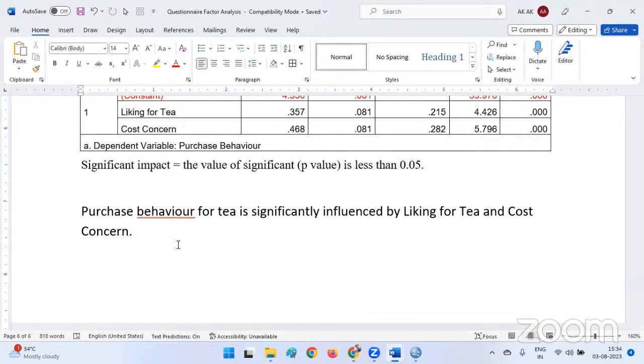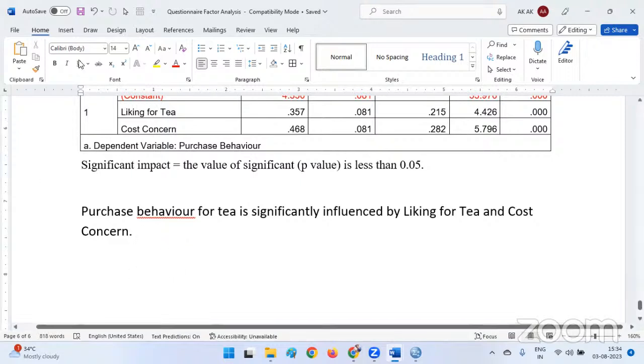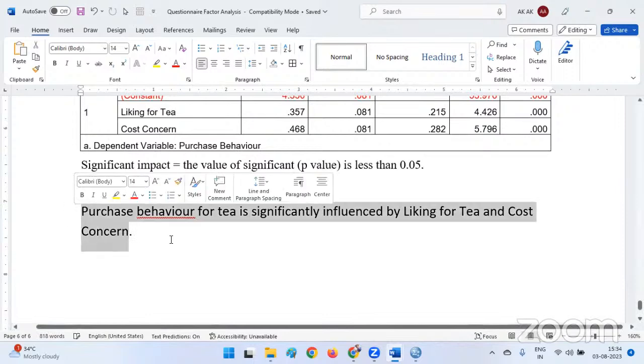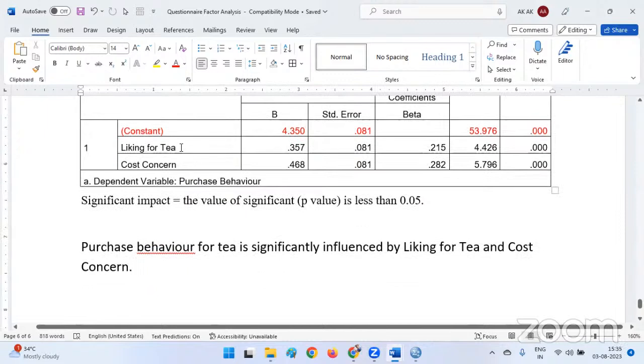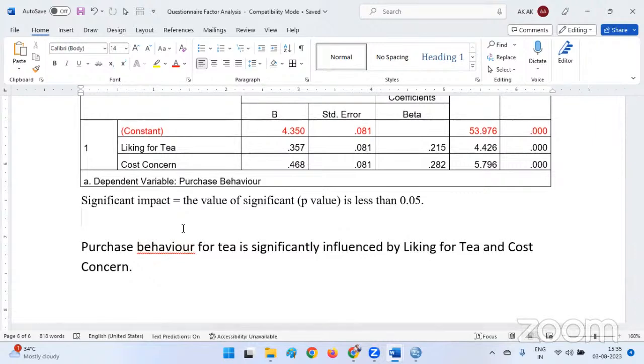Clear? So this is the way that we get the benefit from the factor analysis. Rather than writing 11 statements, I compress them into 2 or 3 variables, and then I can go ahead with causal analysis also.